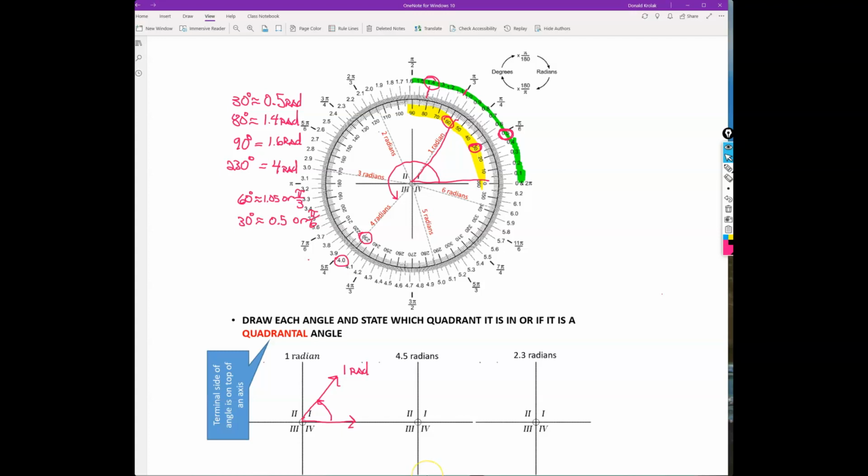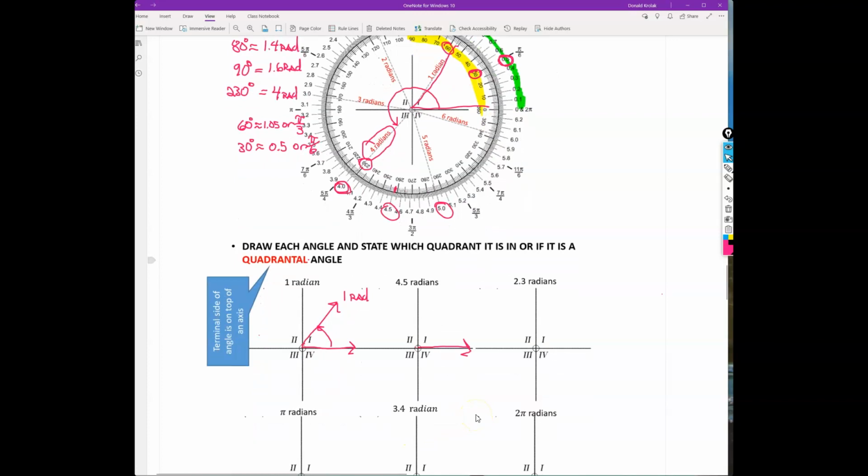If I said, draw 4.5 radians, where's that going to be in standard position? Well, here's 4 radians. Over here's 5 radians, so right in between, that would be 4.5 radians. So making that sketch would look something like this. That's about 4.5 radians. All right, 2.3 rads.